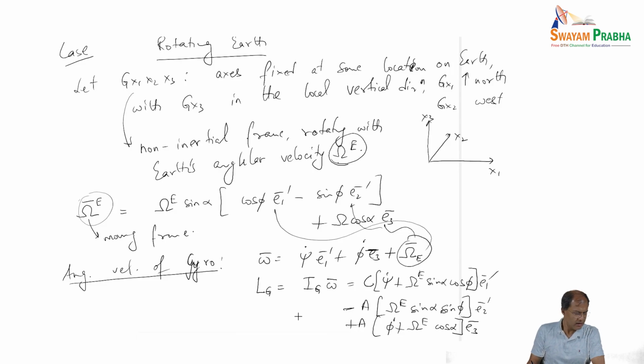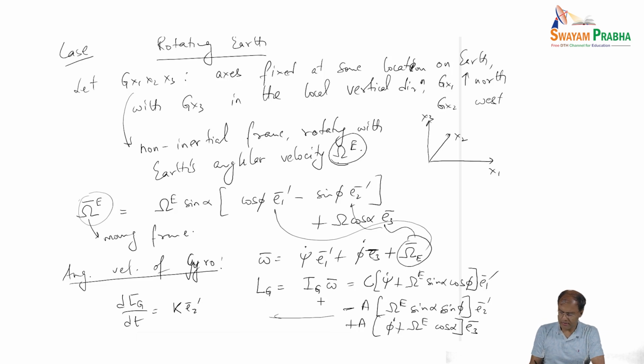So these are my three components, and then we know that the rate of change of angular momentum dL_G/dt is k times E2 prime.